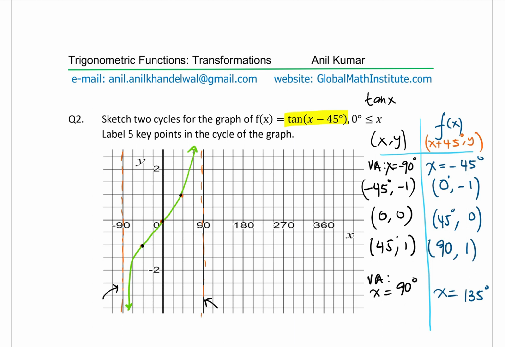So with these transformed points, let me now sketch the graph of tan of x minus 45. So we are translating this particular graph by 45 degrees to the right. So 45 degrees means that now the graph will have the vertical asymptote at minus 45 and 135.